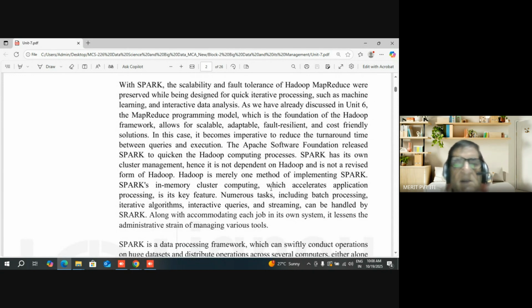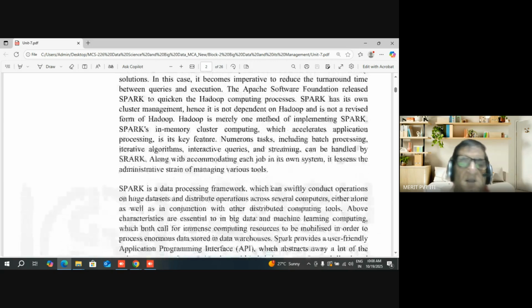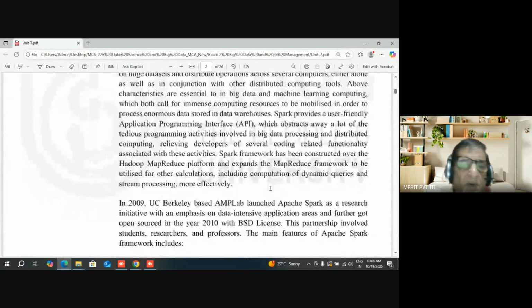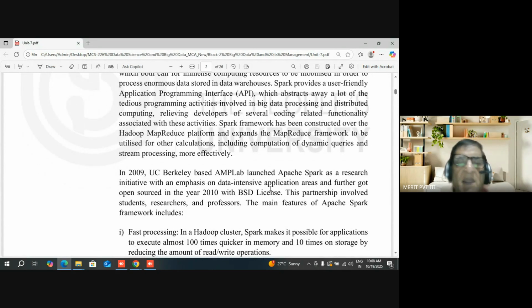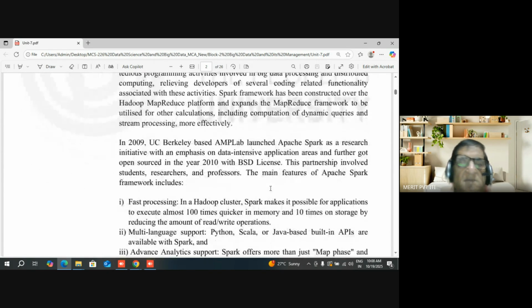Spark's key feature is in-memory cluster computing, which accelerates application processing. Numerous tasks, including batch processing, iterative algorithms, interactive queries, and streaming can be handled by Spark. Spark is a much more popular thing. In 2009, Berkeley-based AMP Lab launched Apache Spark as a research initiative. It's done by the Berkeley Lab.